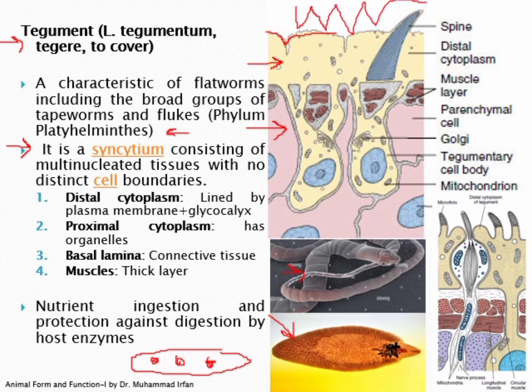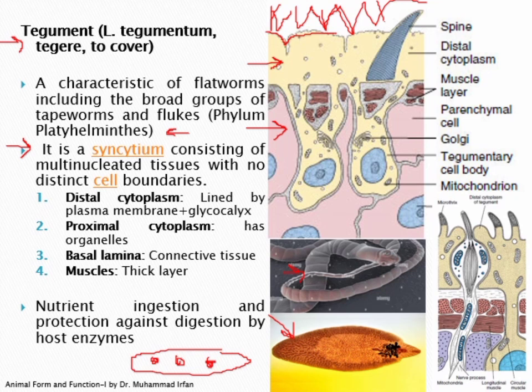Glycocalyx is a composition of polysaccharide present on the outer side of the membrane. So the cell membrane from the outer side is supported by carbohydrate or polysaccharides.